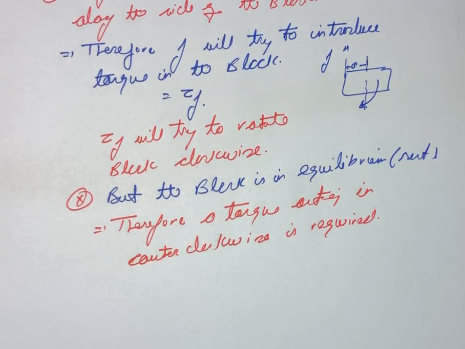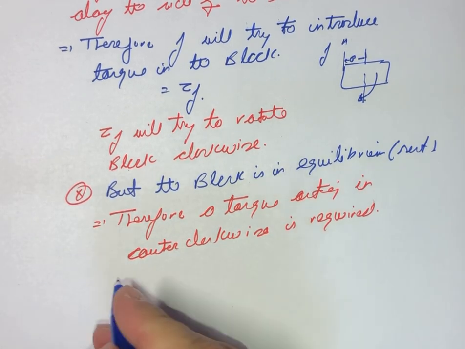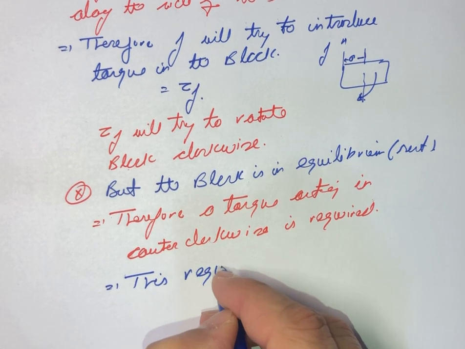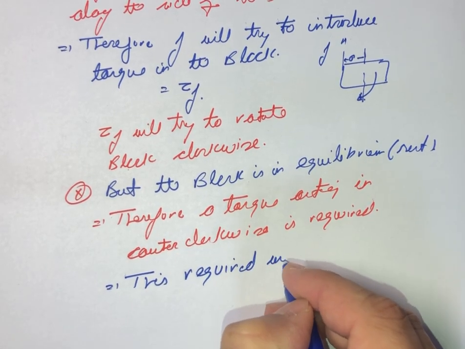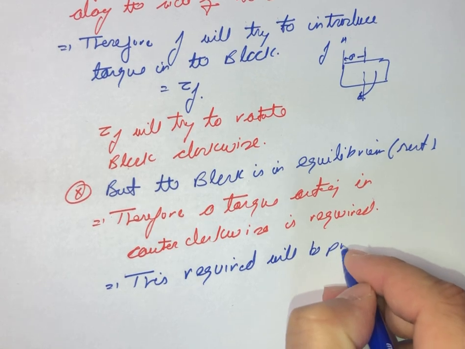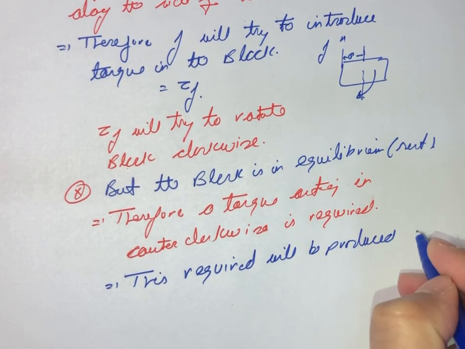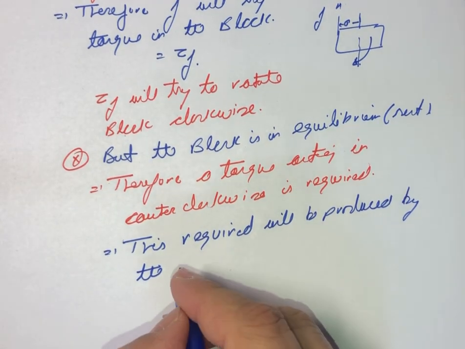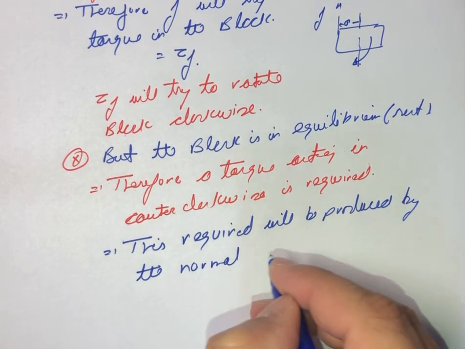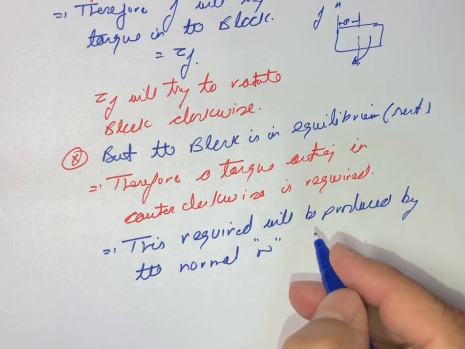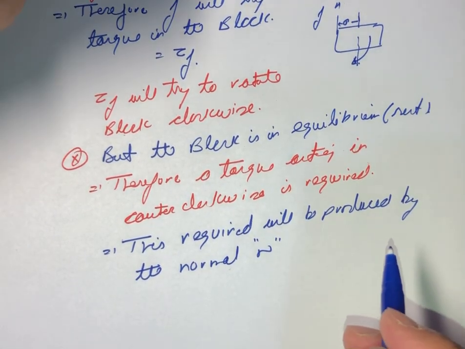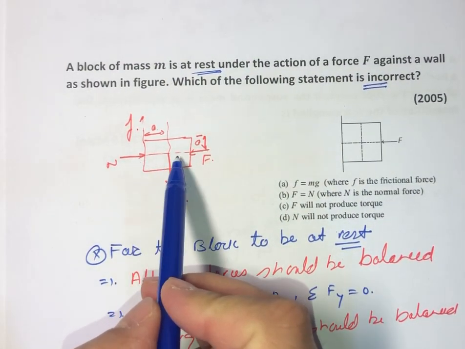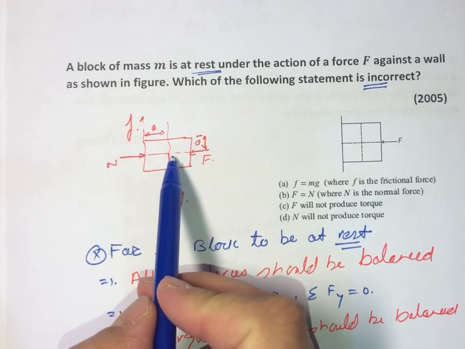You can see here this required torque will be produced by the normal N. Now in the figure we can see that the normal is also acting along the center of mass.